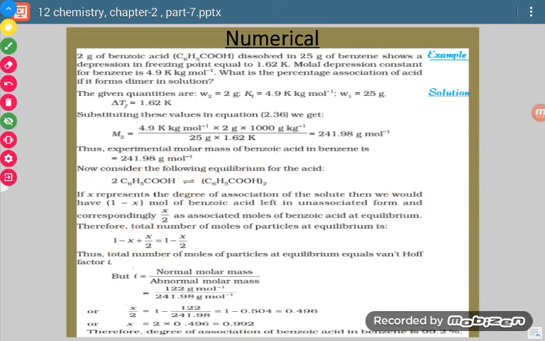So it will result in 1 minus x by 2. Okay. Now the i value is this much. This is the formula. From here we will calculate the value of i.